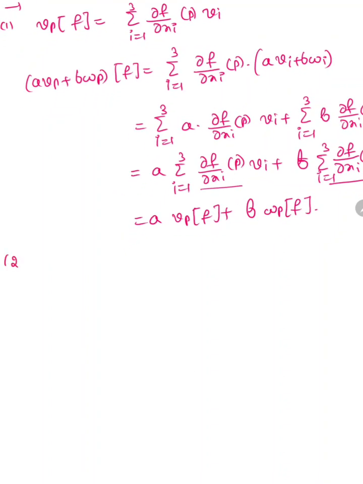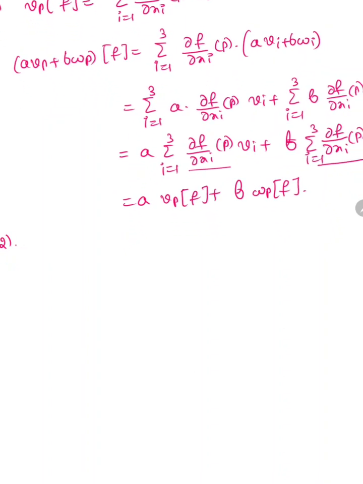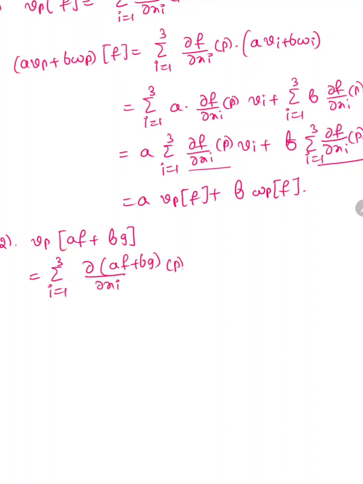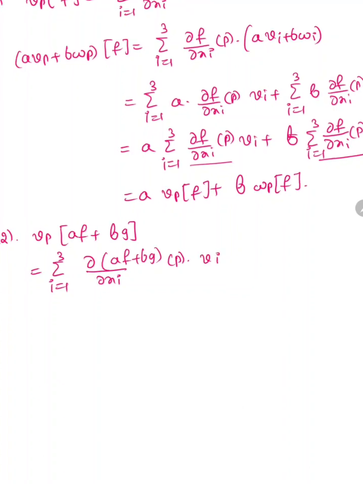So second one, it's about linear combination of functions. By the definition of directional derivative in terms of partial derivatives, I can rewrite this as dou of (af plus bg) by dou xi at the point p into Vi.